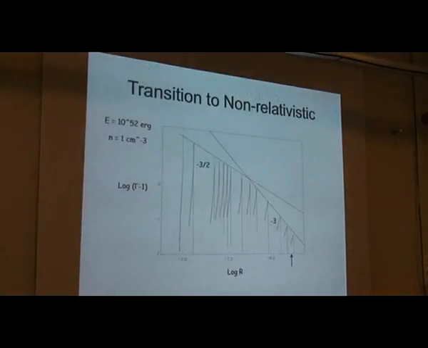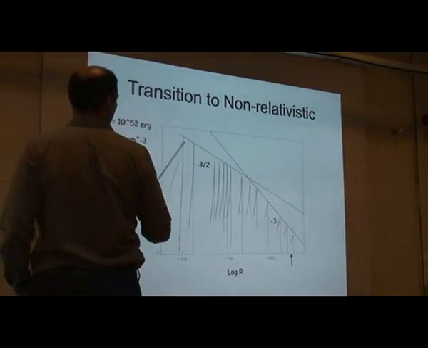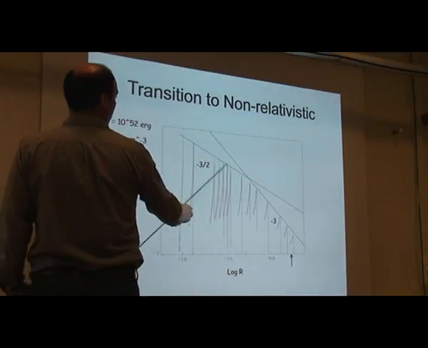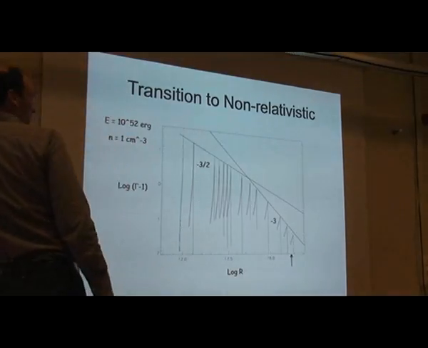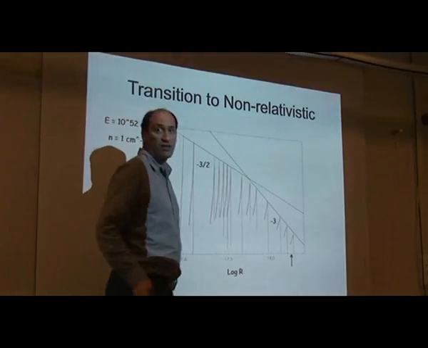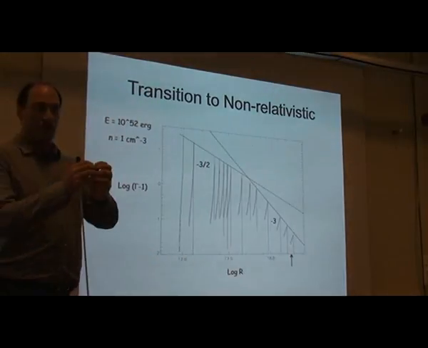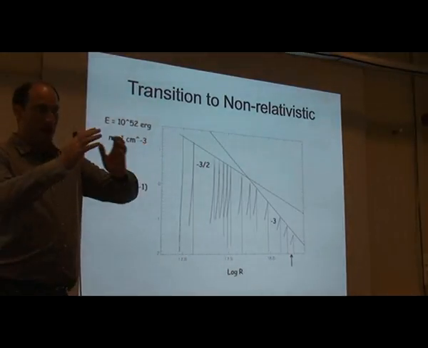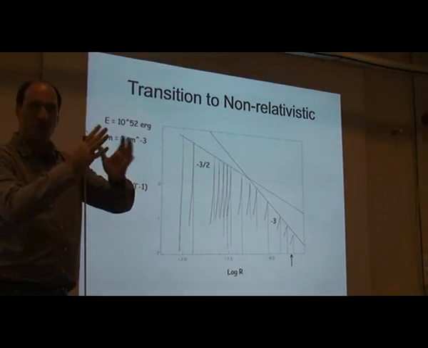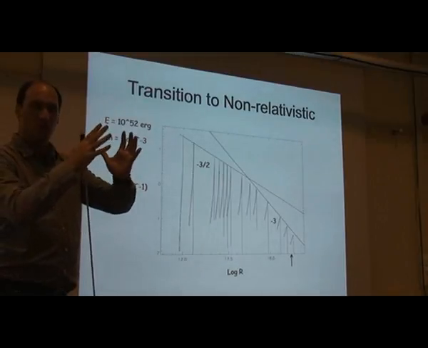The other thing that we're interested in is that initially Blandford-McKee goes like t to the minus 3 halves, but we're interested in the phase where the explosion transitions to the Sedov phase. We initially have a relativistic explosion, but for an explosion to be relativistic, its energy has to be greater than the rest mass energy that it swept up.